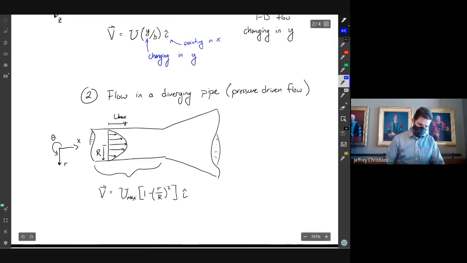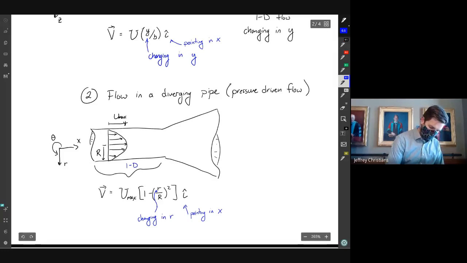Okay, so the velocity is pointing in x, changing in r. So in this section, this would be one-dimensional, changing in r.